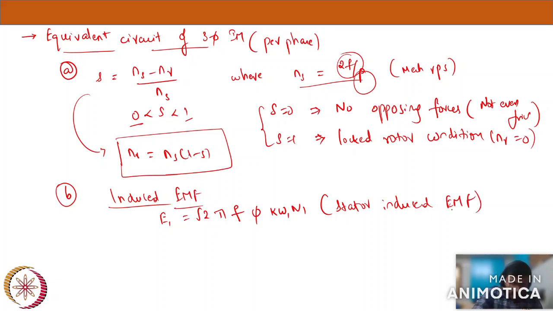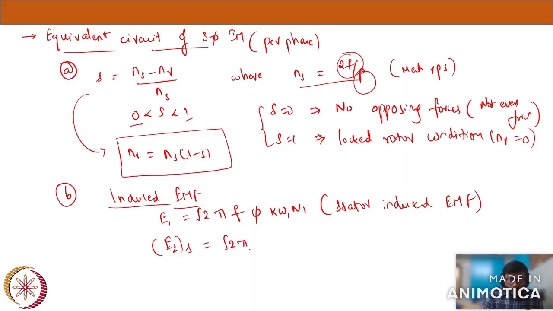Now because of this EMF and because of some slip present in the rotor, some quantity of EMF will be induced in the rotor at any value of slip. That induced EMF in the rotor at slip S, we call E2S.